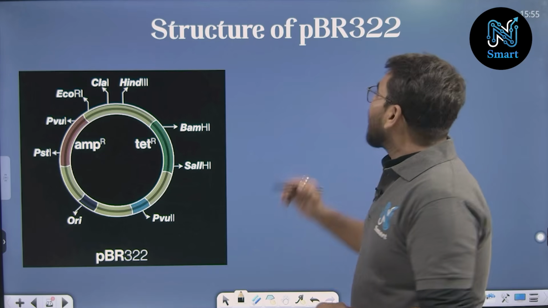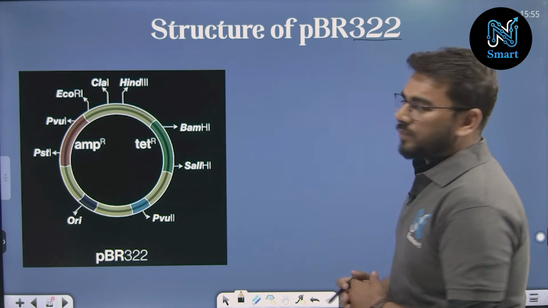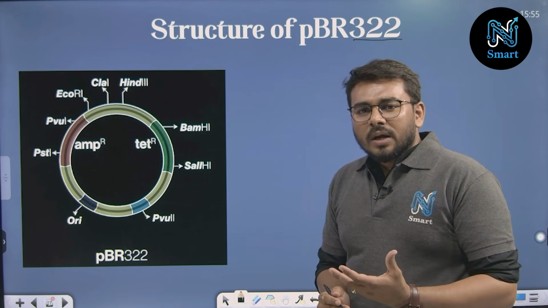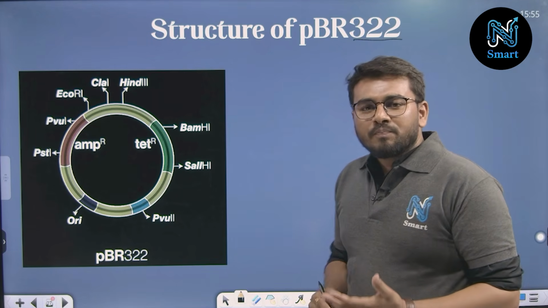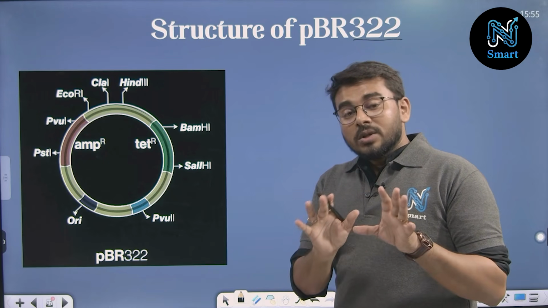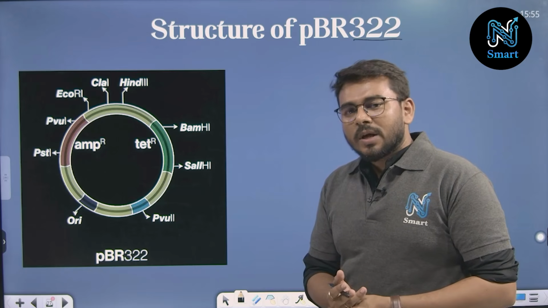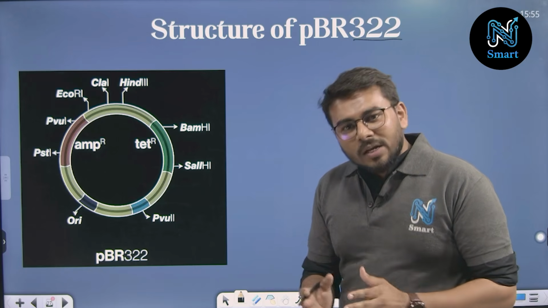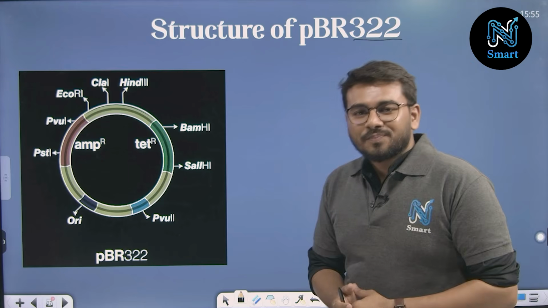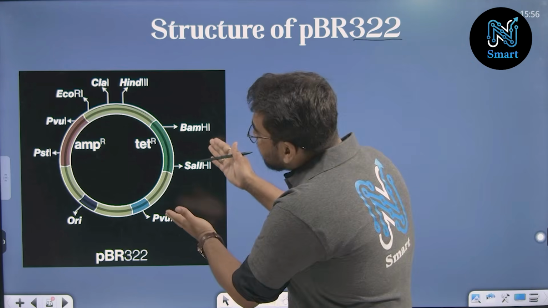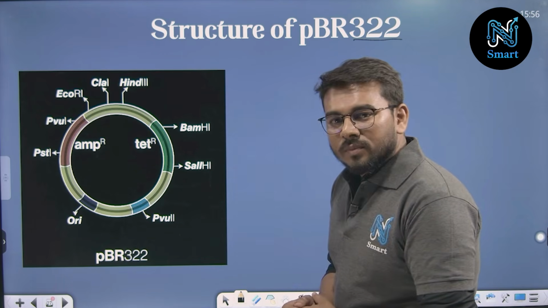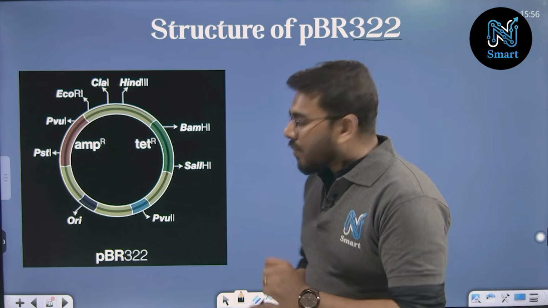This particular 322, because there are many other variants like PBR325, PBR327, PBR328, also available as plasmid vectors. But today our main concern is the structure of PBR322. My dear students, this is the structure.